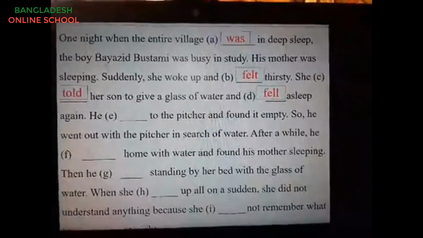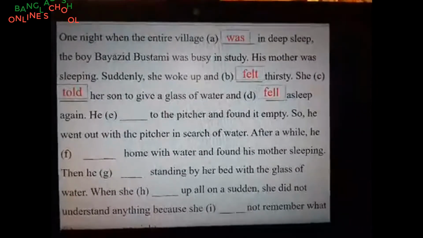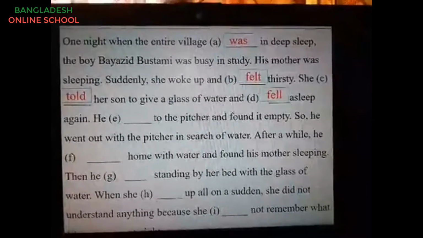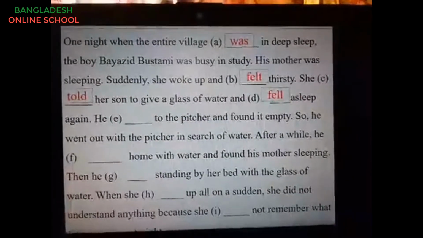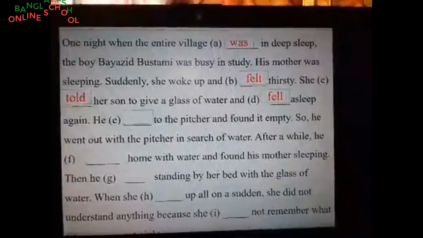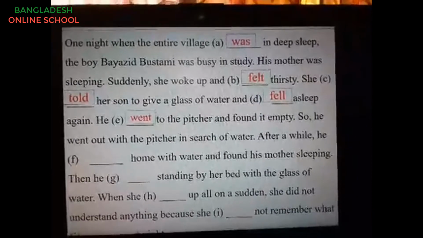Told and fell is used because these ideas are expressed in past tense. He dashed to the pitcher. He went to the pitcher and found it empty.